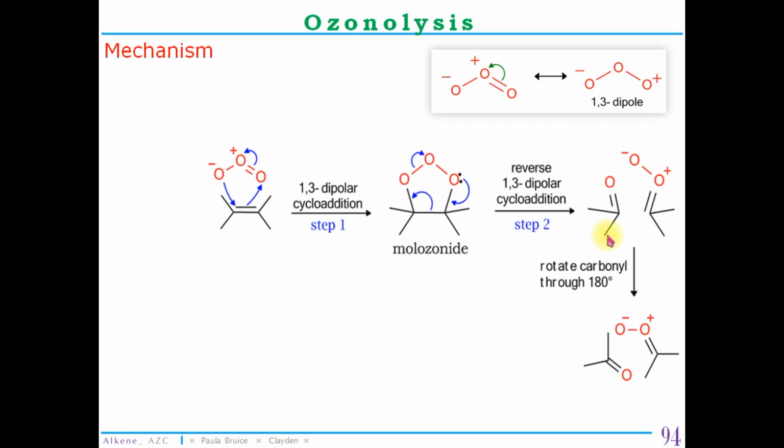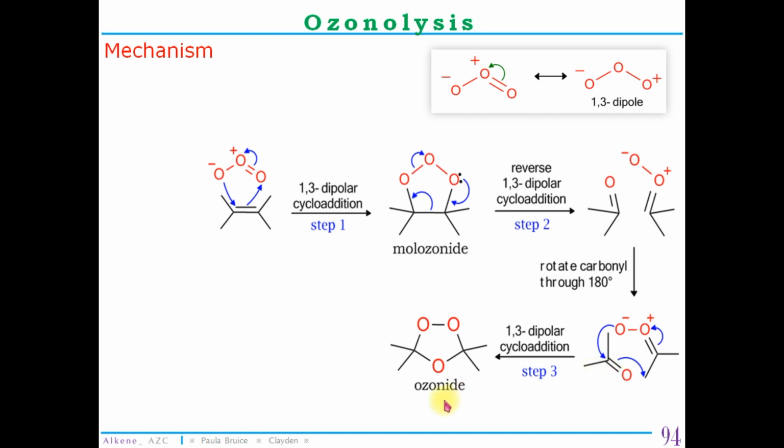Now for step 3, we need to rotate this carbonyl compound 180 degrees. So we will get this type of arrangement of intermediates. The negatively charged oxygen acts as a nucleophile and attacks this carbonyl carbon, which gives the ozonide intermediate, and it is step 3, which is 1,3-dipolar cycloaddition.